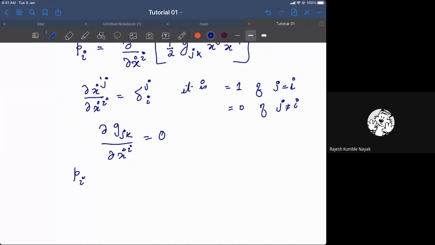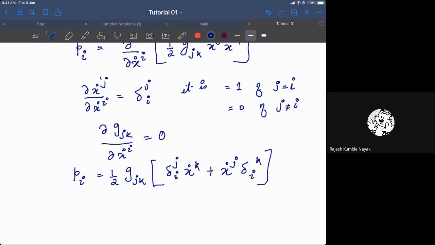and then we see that p_i can be written as half g_jk into delta ji x dot k plus, it's a simple chain rule, there is nothing here, delta ik.